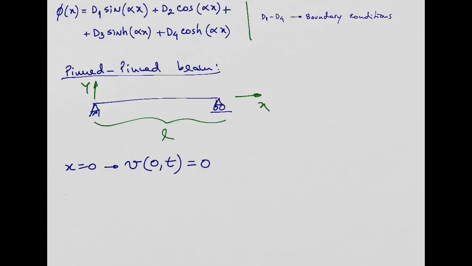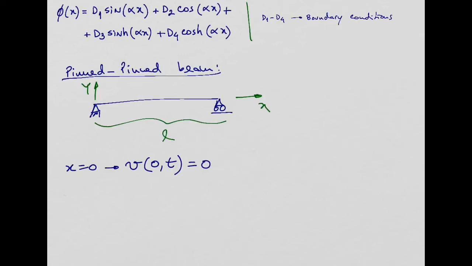If you write the deflection as the product of your xi function, times your phi function, which depends on the x coordinate, which in this case is 0, this needs to be equal to 0, right? So when I use that boundary condition of the beam, I need to replace x with 0 in this equation.